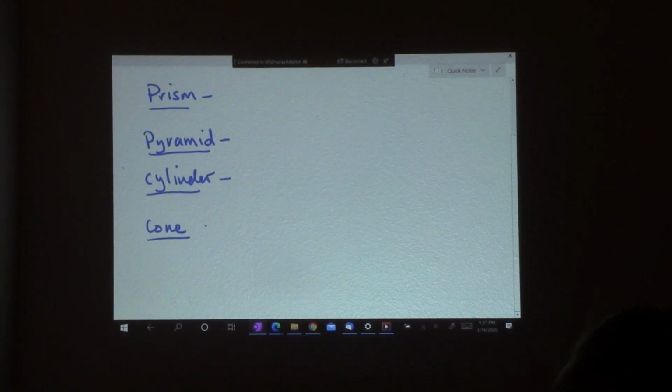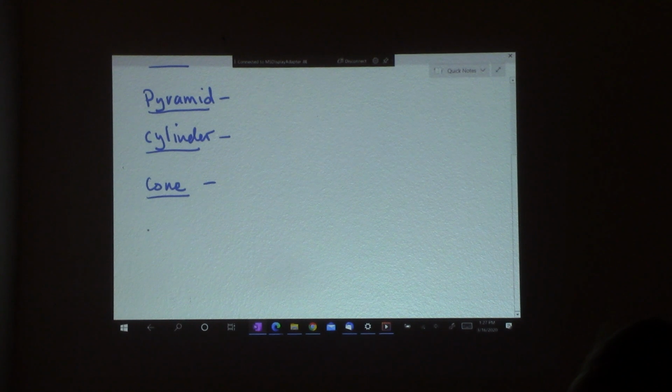So go ahead and you can pause the video now if you would like to get those out of your book. That's totally fine. And look at the shapes of things in your book. And in the meantime, we're going to start to find surface area. So find the surface area.